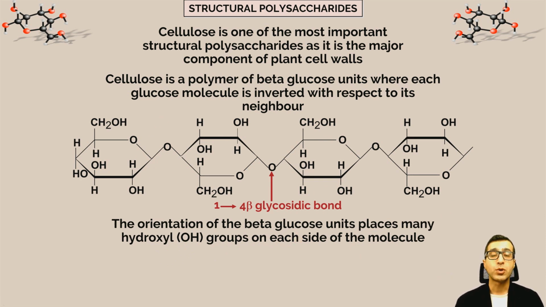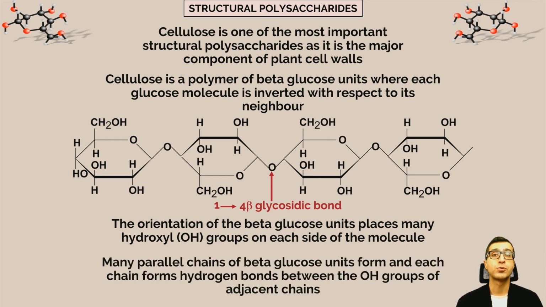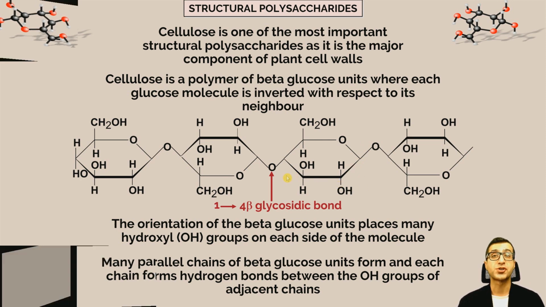And so you can get many parallel chains of beta glucose subunits, and each chain can form hydrogen bonds between adjacent hydroxyl groups of adjacent chains. And so this is part of the reason that cellulose can give cell walls of plants their rigid structure.